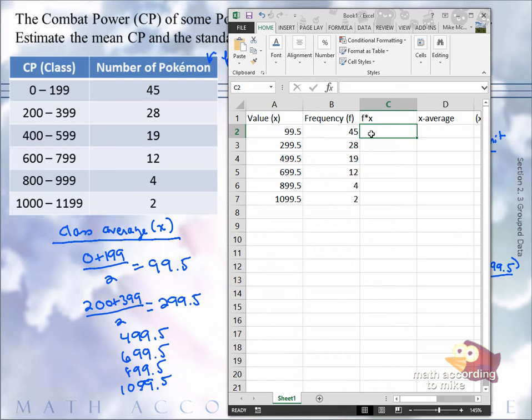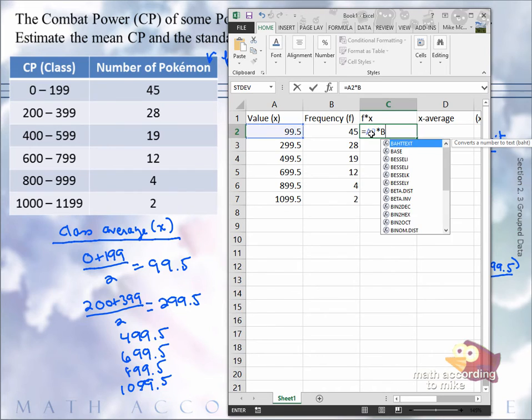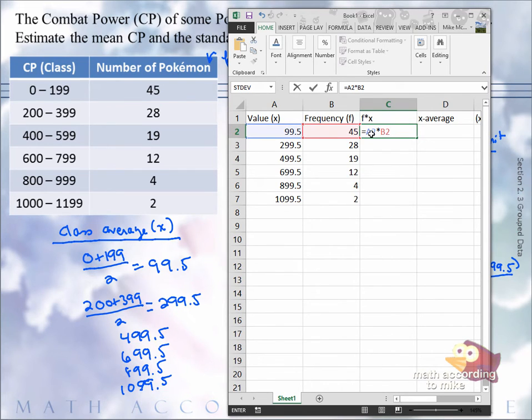So for this one, we need to do F times X. So remember, that means we need to multiply 99.5 times 45. So we'll say equals A2 times B2. And it highlights the cells that we're multiplying, and we'll hit enter. So that's the first product. And remember, we'll click on this, click on the little box, and drag down.